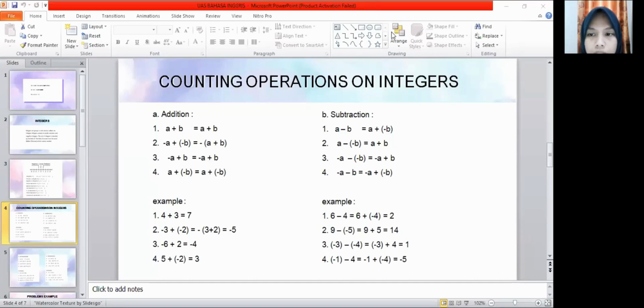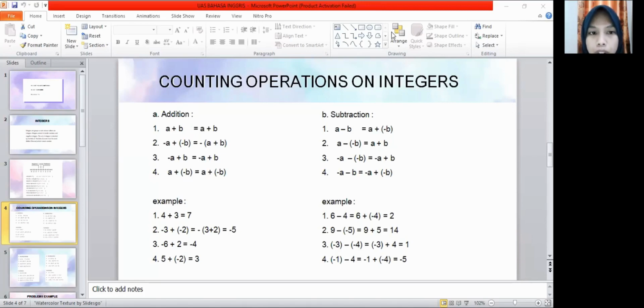Counting operations on integers. A. Addition. Addition of the same type of integer will produce the same type of number. If the addition operation is performed with positive integers, the result is a positive integer. The same is true for the addition of negative integers.